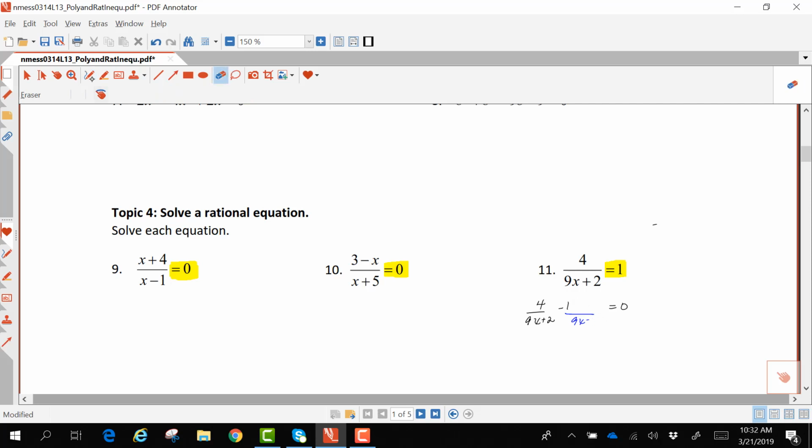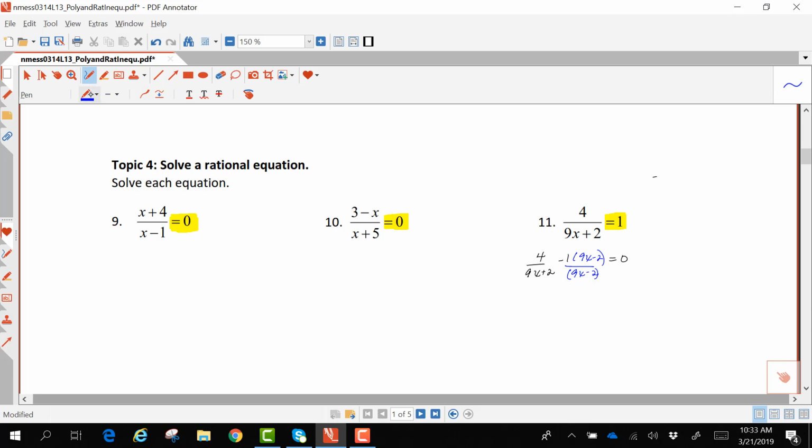I need the new denominator of 9x plus 2. It is a good idea to put this new denominator in a colored pen. I believe it makes it much easier to see how that gives you the new denominator of 9x plus 2.